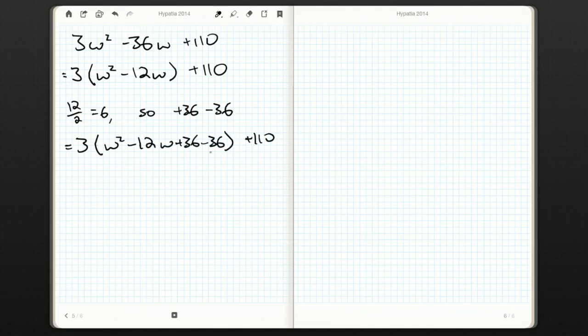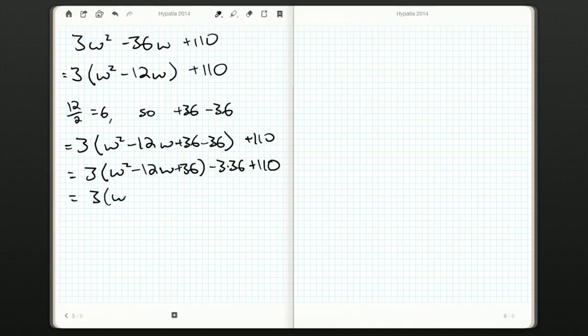Alright, so let's get this minus 36 out of there. We need to multiply by 3, but that's okay. And that's negative 108. Now this in here, this is a perfect square. It's going to be w minus 6 squared minus 108 plus 110.